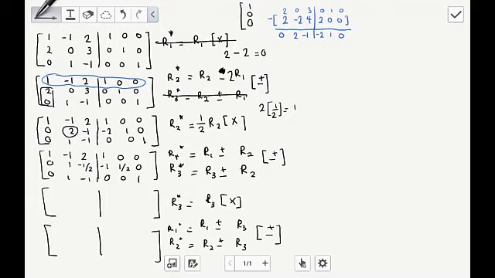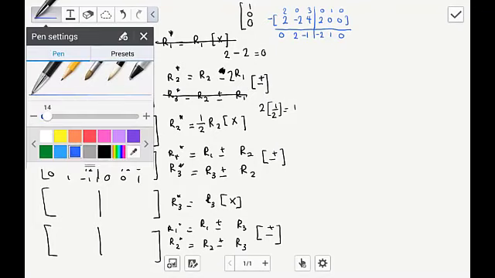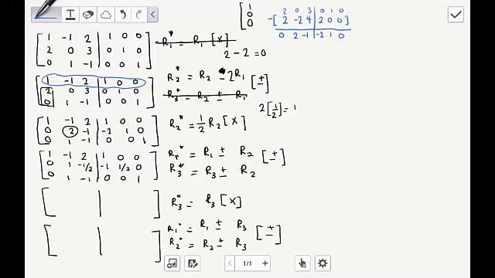Now my next constants are negative 1 and 1. We're going to change negative 1 and 1 into 0. How are we going to do that?